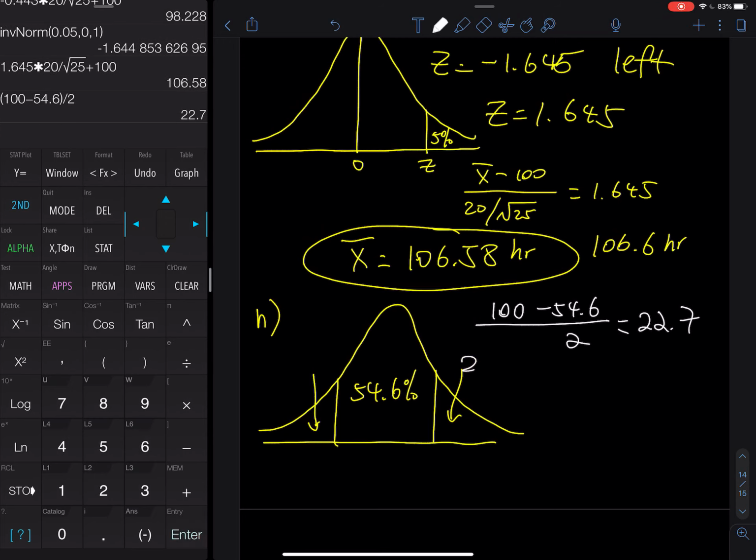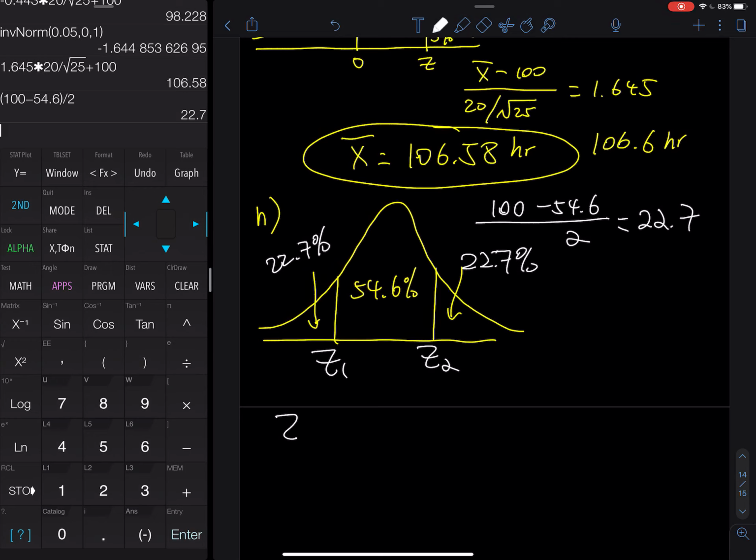So that is 22.7%. That is 22.7%. And then the Z1, Z2, right? So that is the corresponding cut. And then Z1, what's the Z1? Z1 is inverse norm 0.227, and then 0, 1, and then Z2 is just the positive.